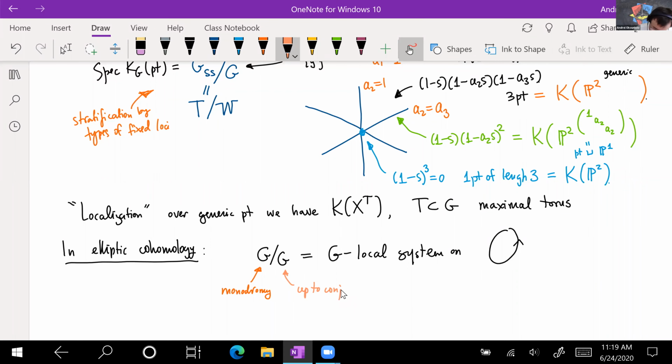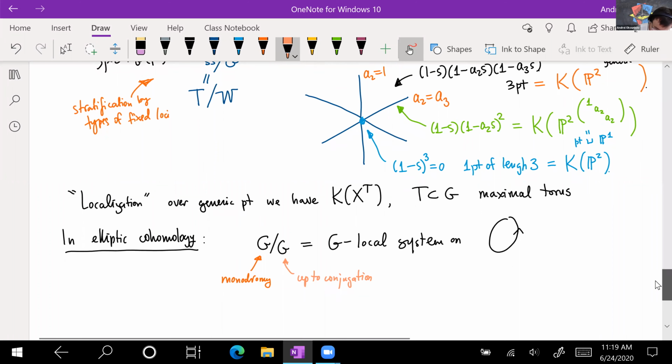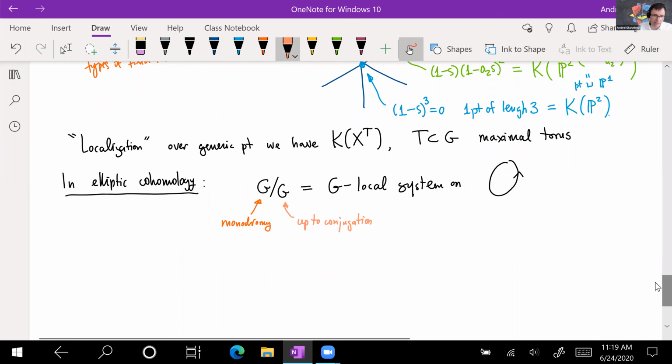Okay. And so it stands to reason, this is my spectrum of G and K0 of a point.